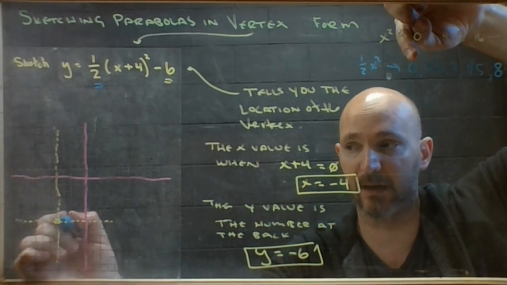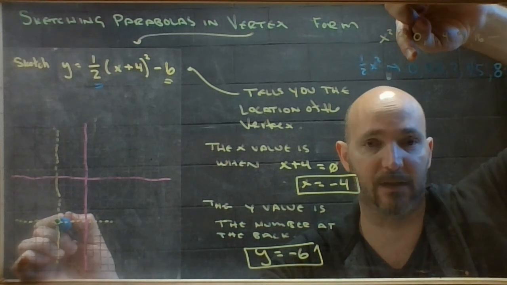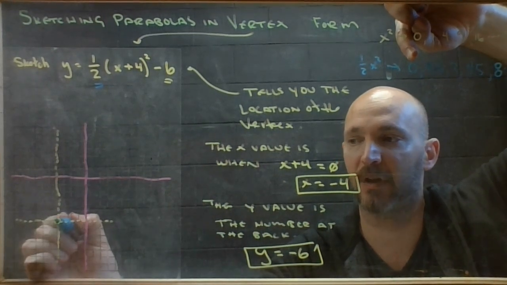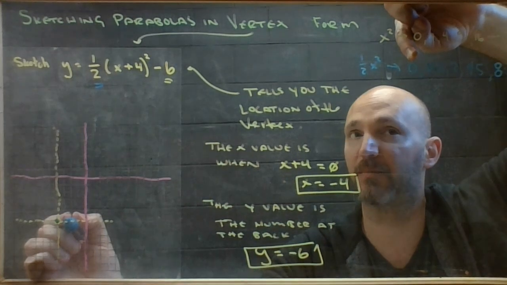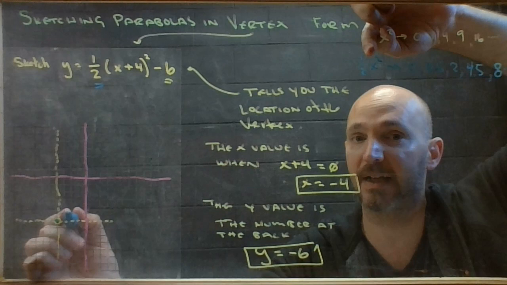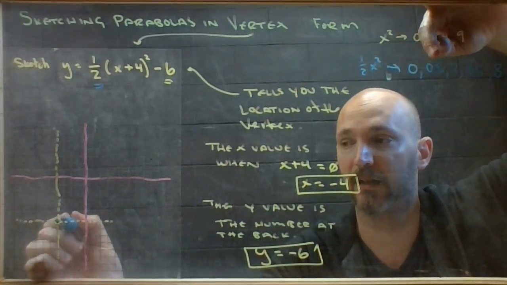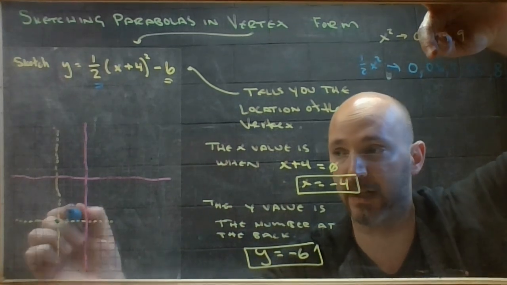If I go 0 steps away from it, I should be moving 0 steps off of it. So that's where I start. 1 step over used to be 1 step up. But because we're only taking half this time, it's sort of a half-powered parabola, when I take 1 step, I only get to go up 0.5.